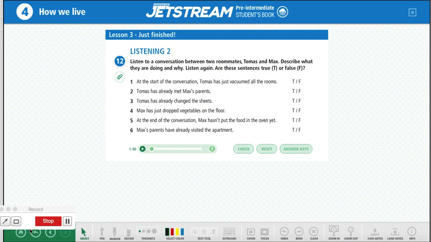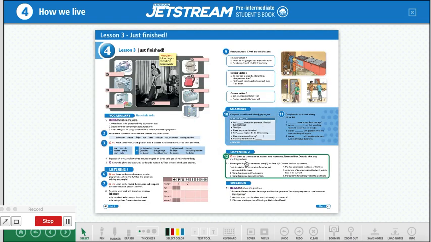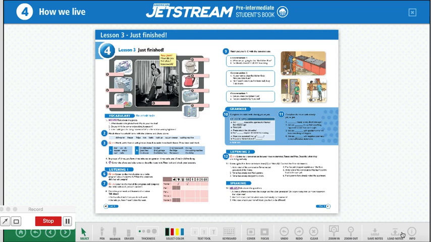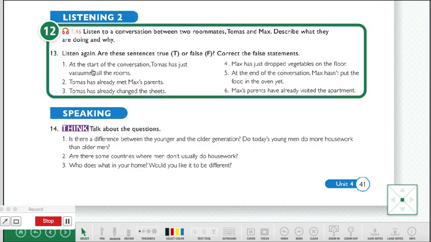Here in this exercise, we have 2 activities, number 12 and number 13. In the chart, in the plan, I wrote only number 12, but number 13 is also included.